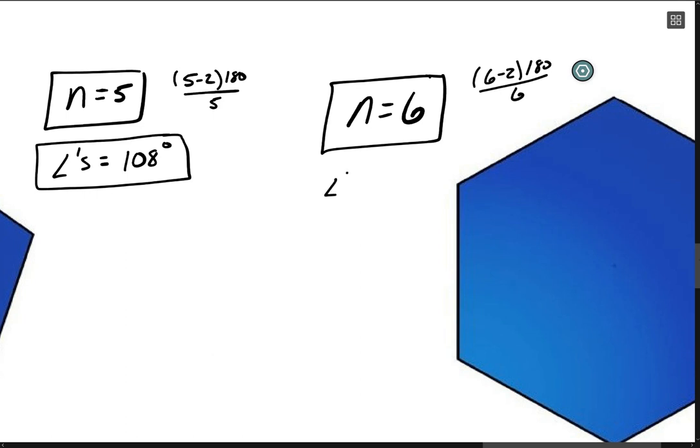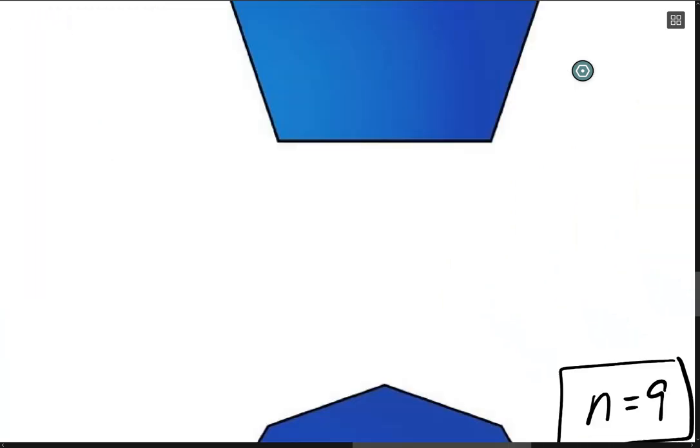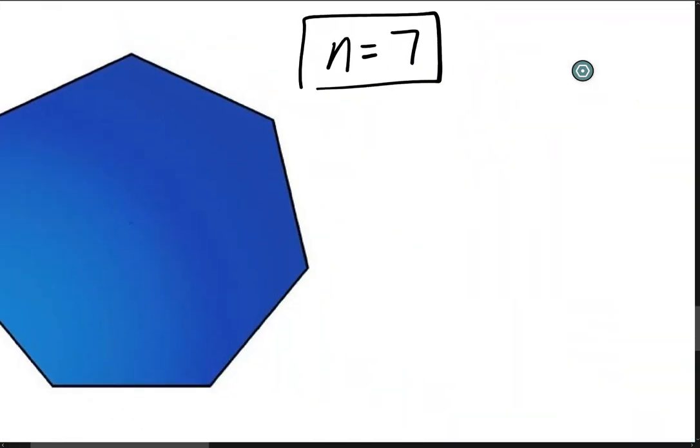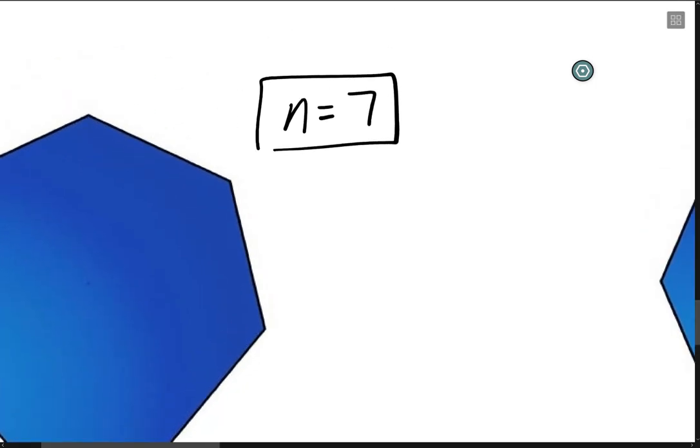What do you get the angles equal to here? Down here, 7, so I'd go 7 minus 2 times what? Divided by? What do you get your angles to be? Nope. Well, you just forgot the minus 2.